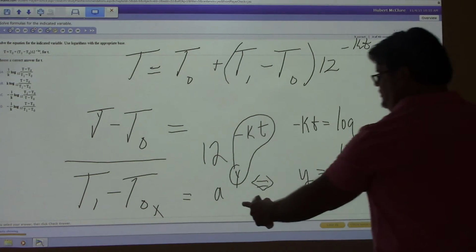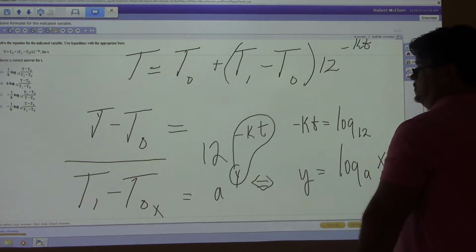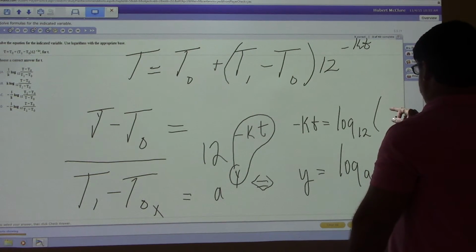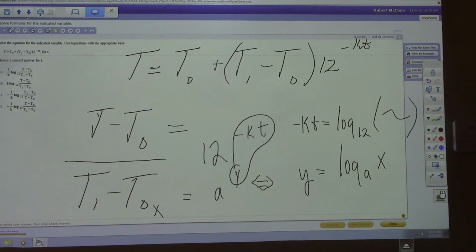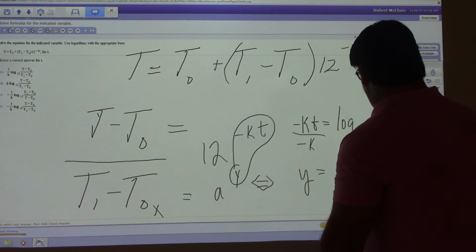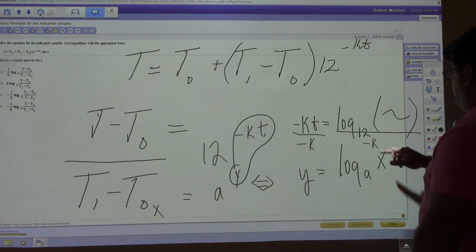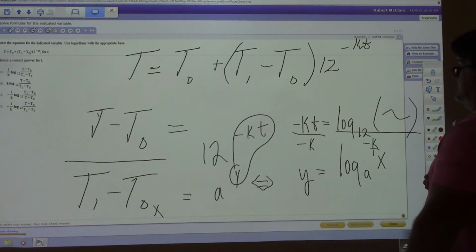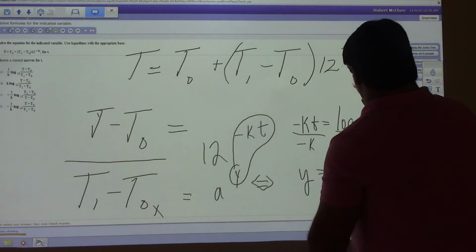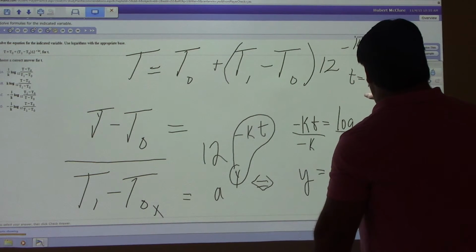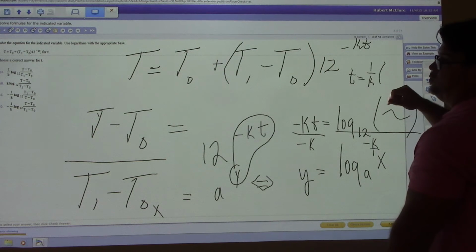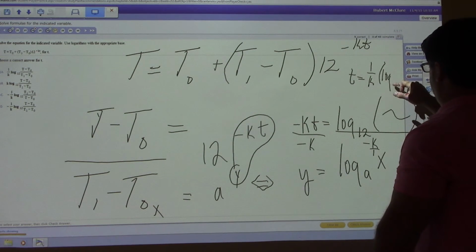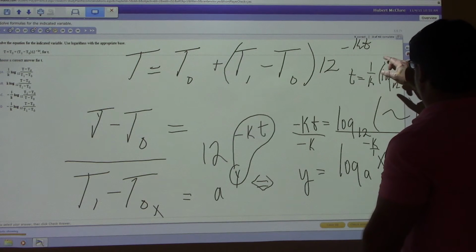Base a, what is a? 12. And all of that trash. I'm just going to put a squiggly line there. Okay? Now what do you got to divide by? Negative k. Divide this by negative k. Which if I wanted to bring that up, that's k over 1. If I wanted to bring that upstairs, what would it be? Negative 1 over what? K, Hubert. So your answer is t is equal to negative 1 over k times log base 12 of all that trash.